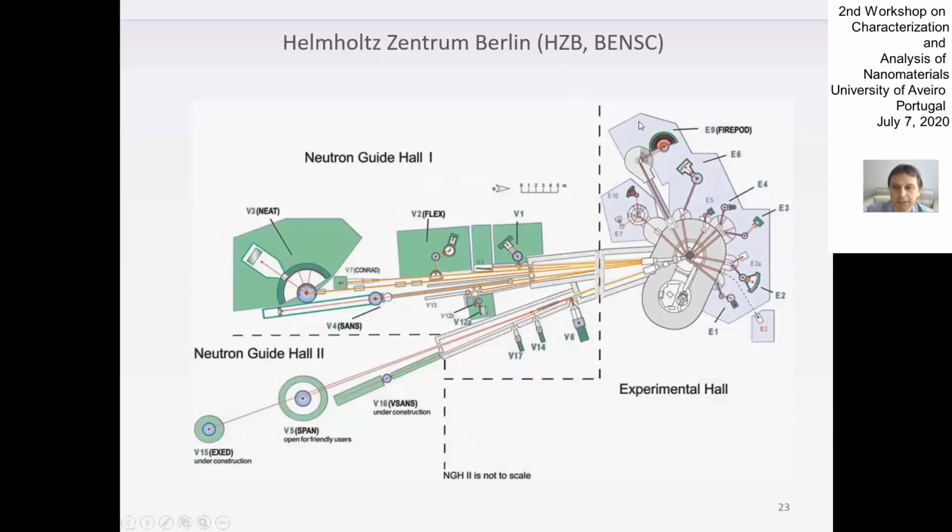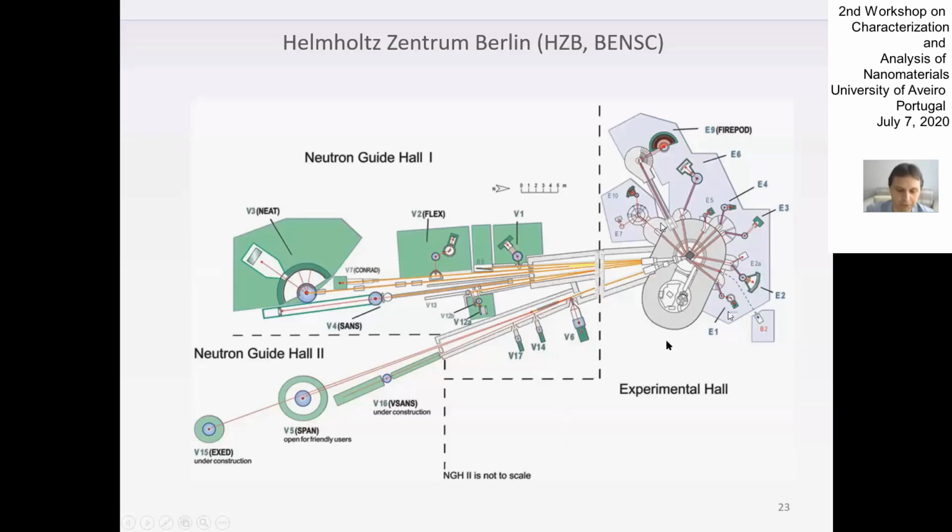This is the scheme of the reactor, the reactor core, and around the reactor in the experimental hall we have the instruments, and here we have so-called hot neutrons.